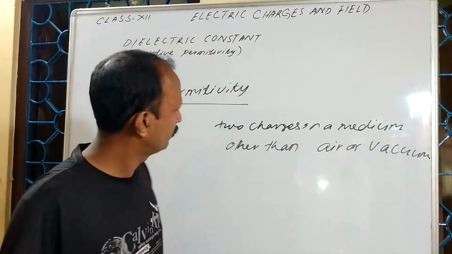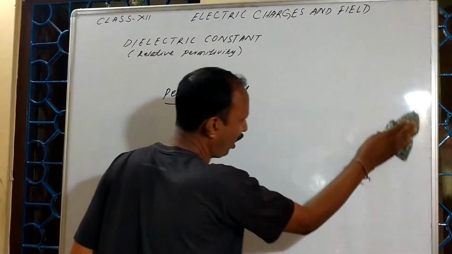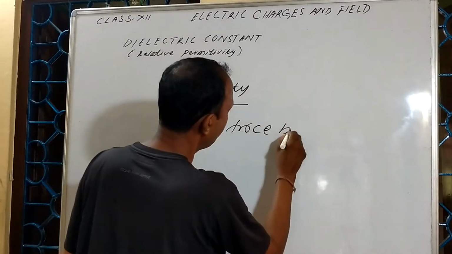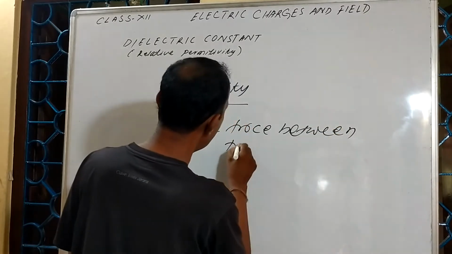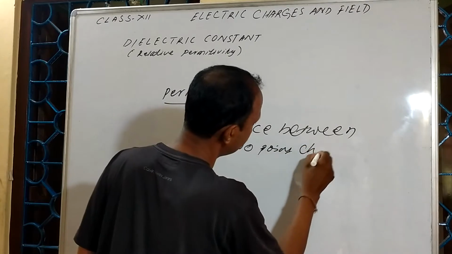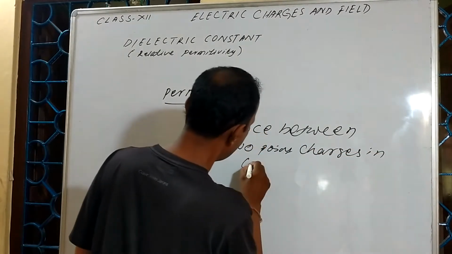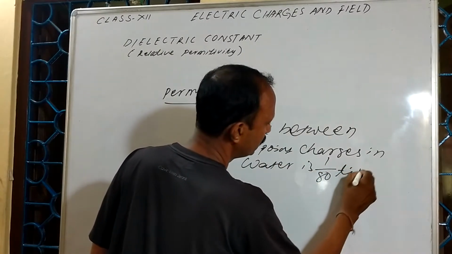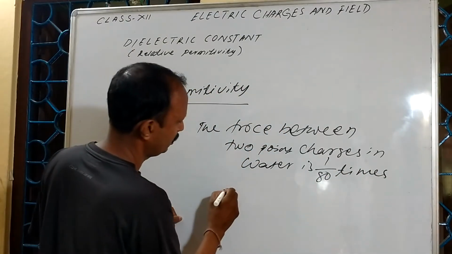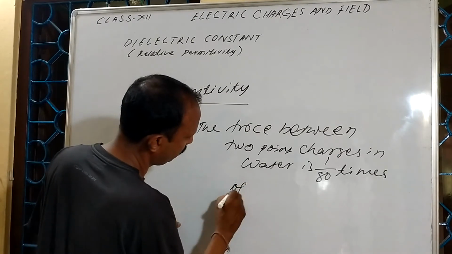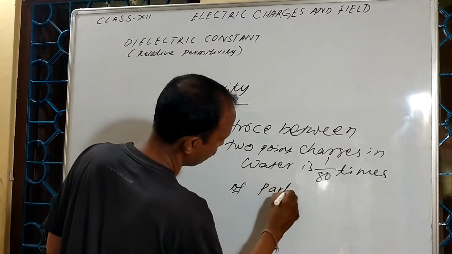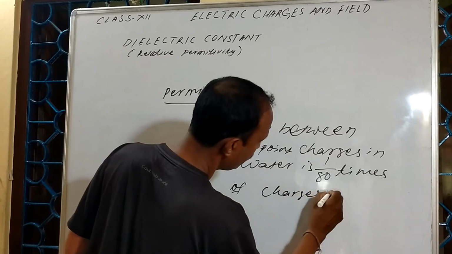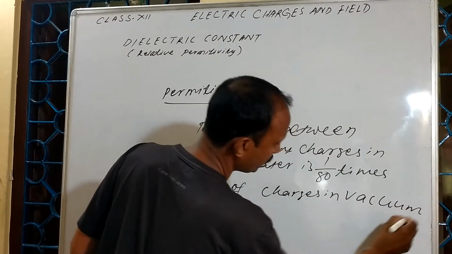For example, in case of water, the force between two point charges in water is 1/80 times of the charges in vacuum.